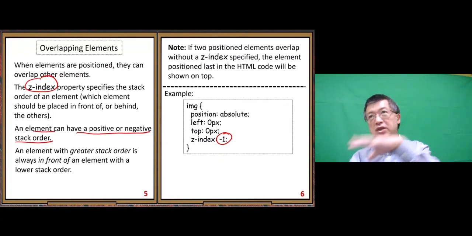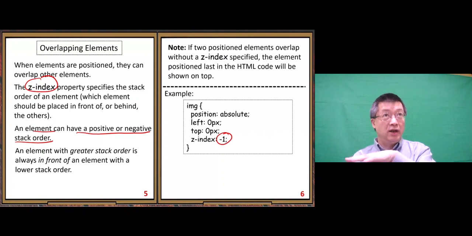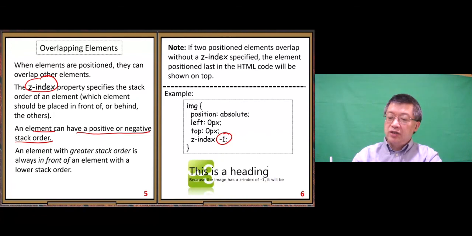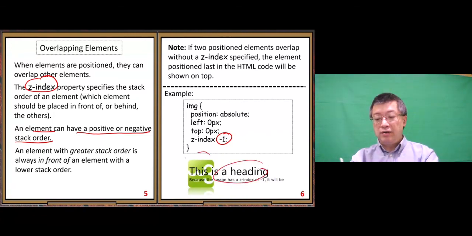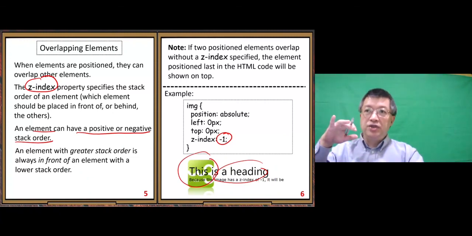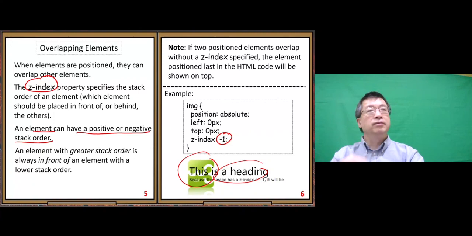Other elements, if we do not set z-index, we expect the value z-index 0, which is higher than that. So you will see the text on top of the image. It looks like we use this image as a background.